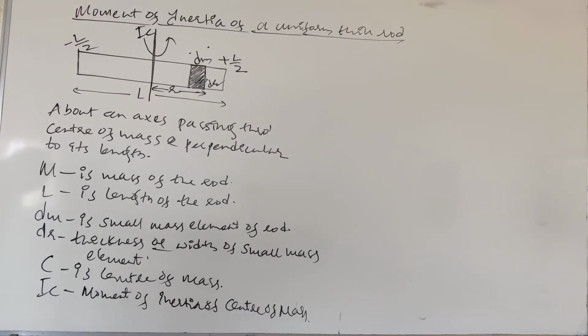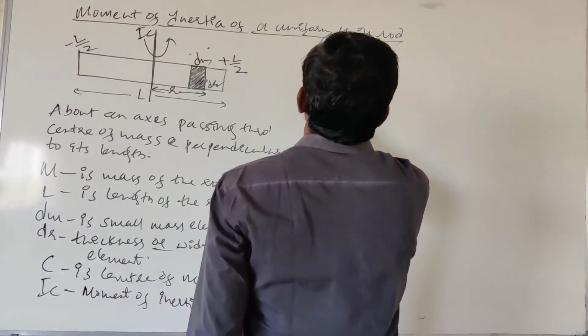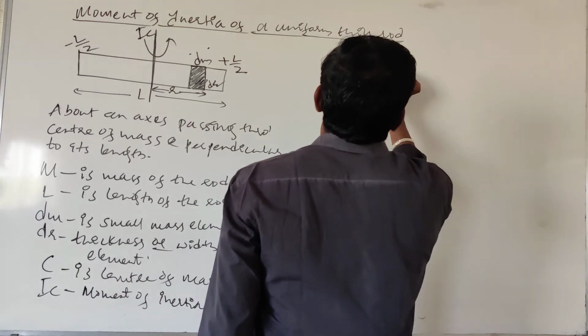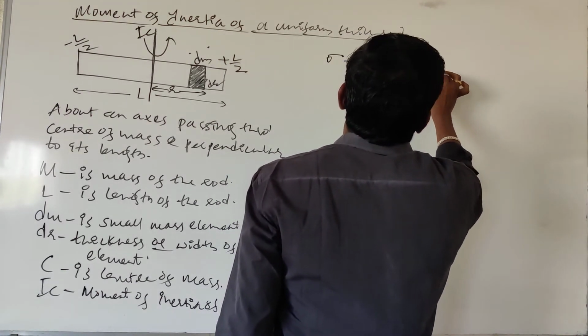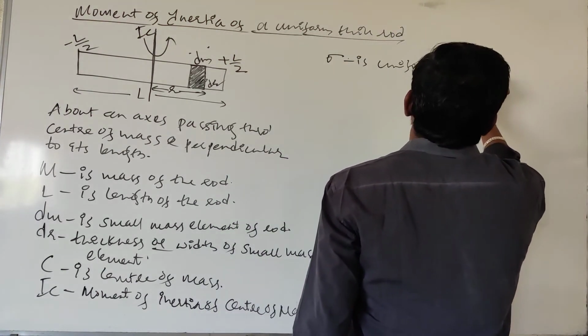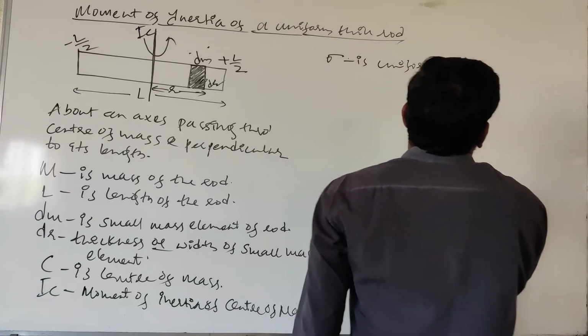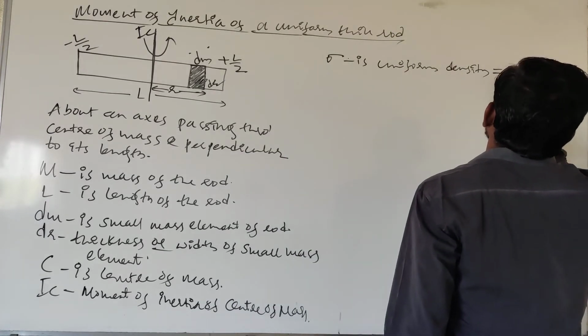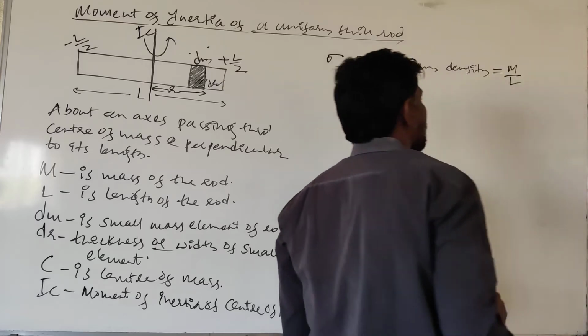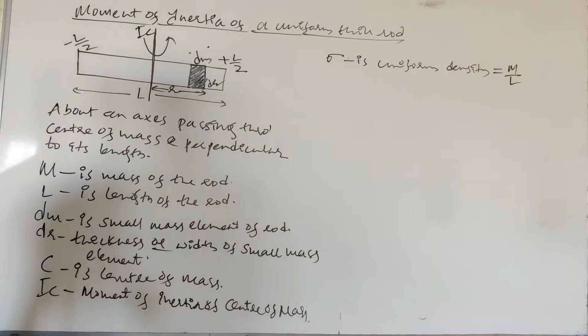So I am going to take another one here, that is sigma. That sigma is what? Uniform density. That uniform density is equal to mass by length. Density means mass by length, we say.